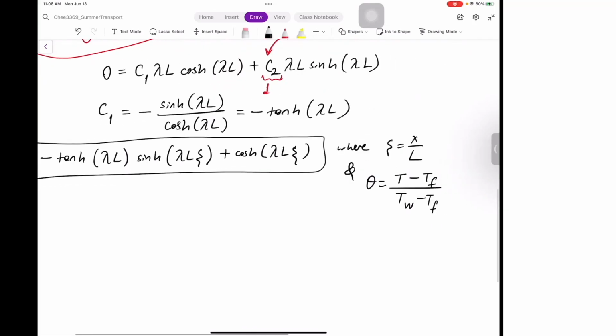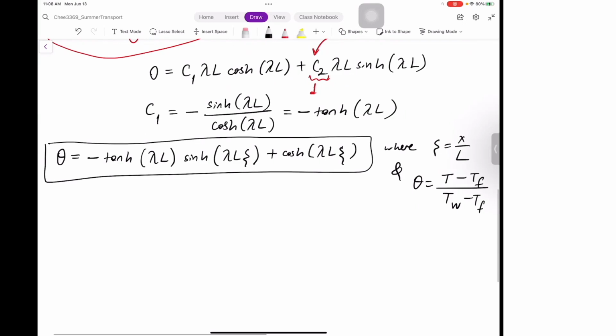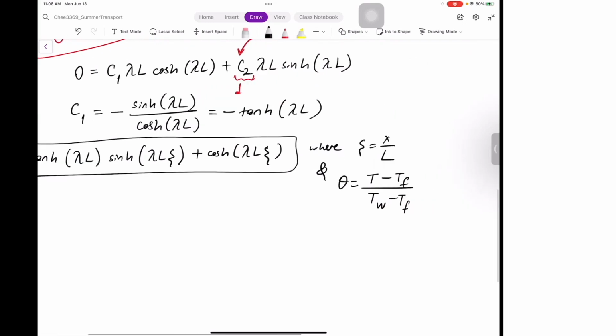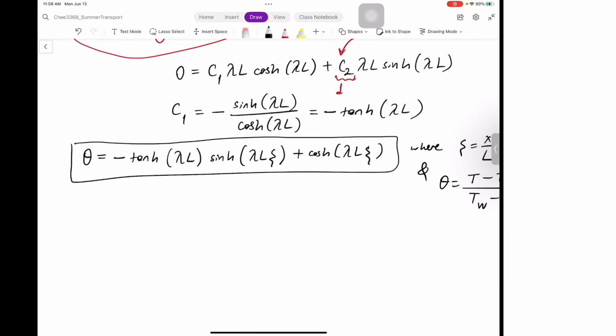So by knowing this equation, you can plug in x, find psi, and then plug in psi in this equation, find theta, and from theta you can find T. So you basically have the temperature profile in terms of dimensionless quantities. Okay. This is for thin end insulated. It's case 1, right?